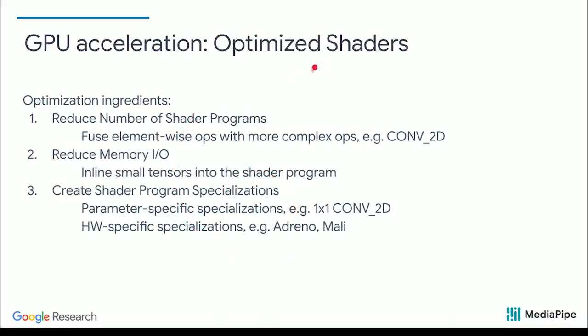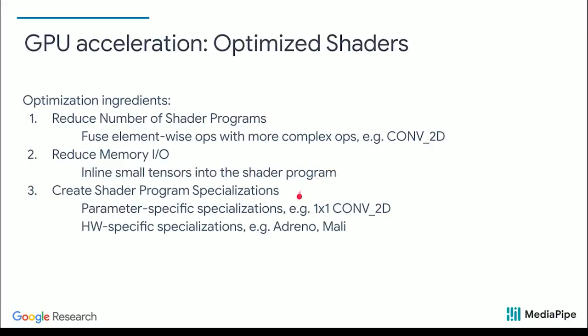And then we optimize the shaders themselves. Number one, we reduce the number of shader programs by using a lot of fusion of ops into more complex ops. We reduce the memory bandwidth that we need by inlining small tensors into shader programs.